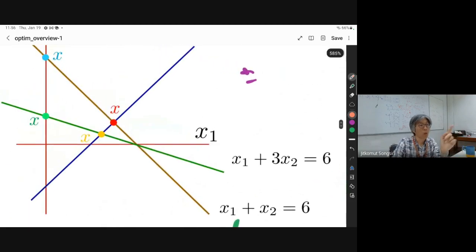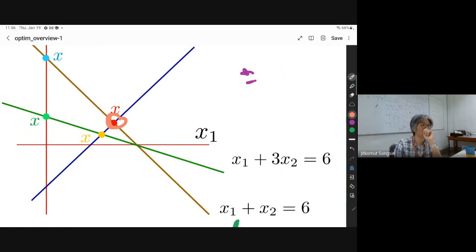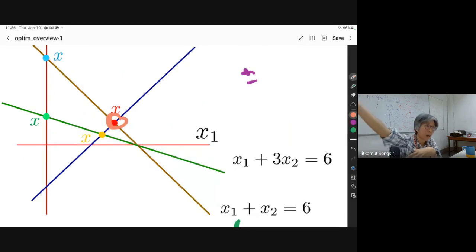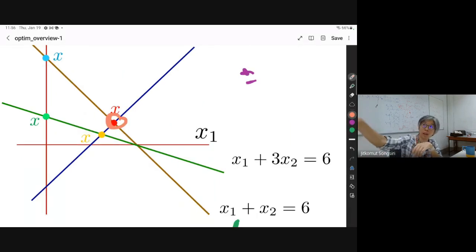If I want my optimal solution to be the red one, what would be all the possible vector C that would end up having the optimal solution on the red point? Understand the question?